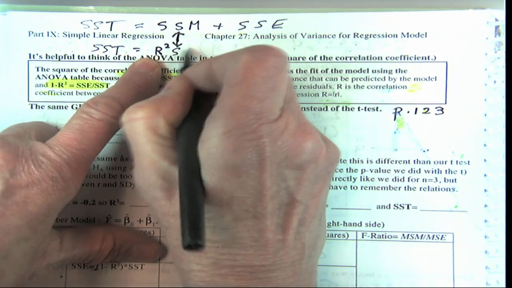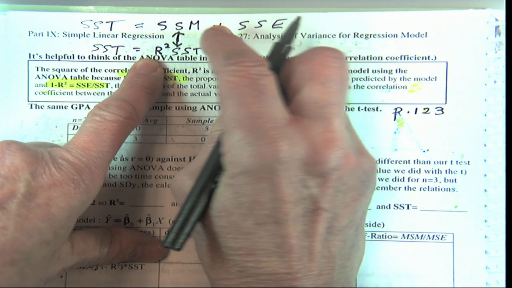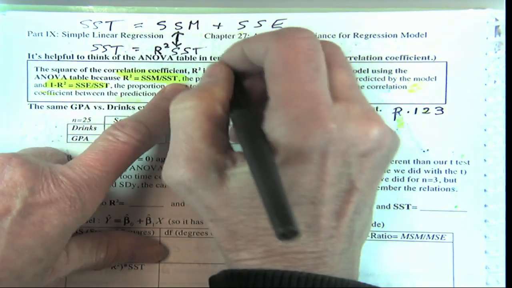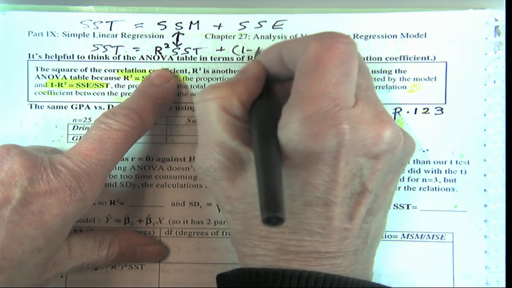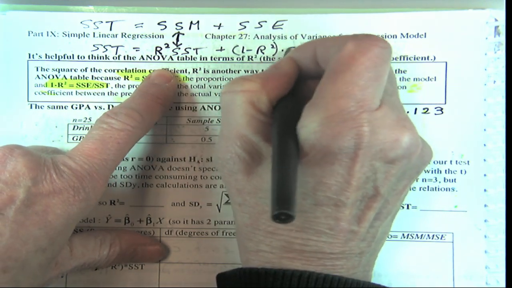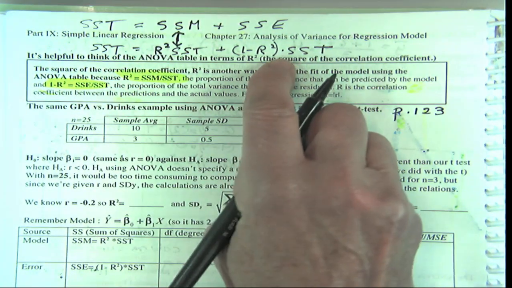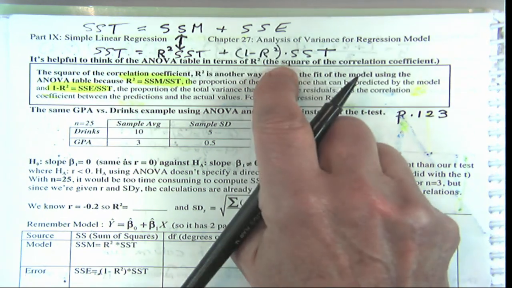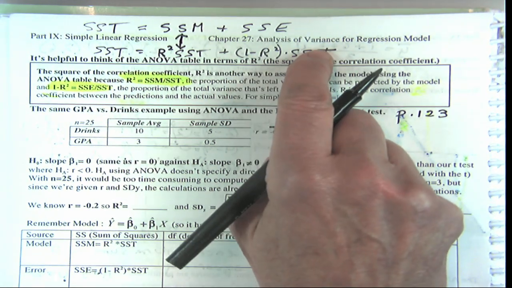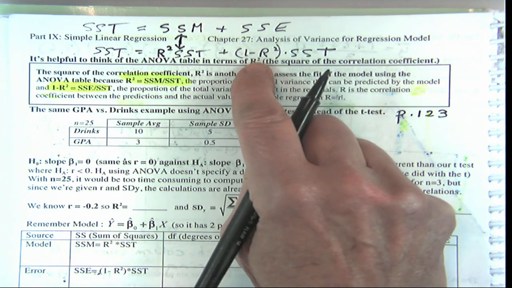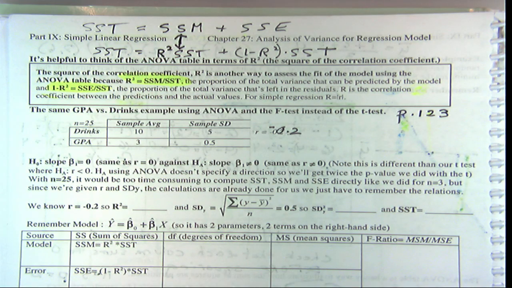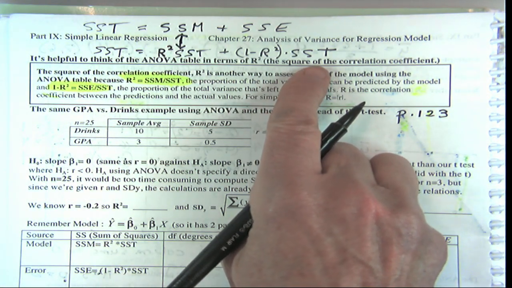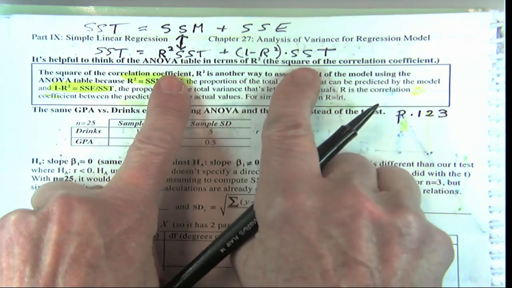R squared times SST is the part that's explained by our model, plus 1 minus R squared times SST is the part that is explained by our errors. Remember, if we took the square root of that, we'd get the square root of 1 minus r squared times, and then divide through by n, the standard deviation of the y's. This is all we're doing. It's what we've had before.